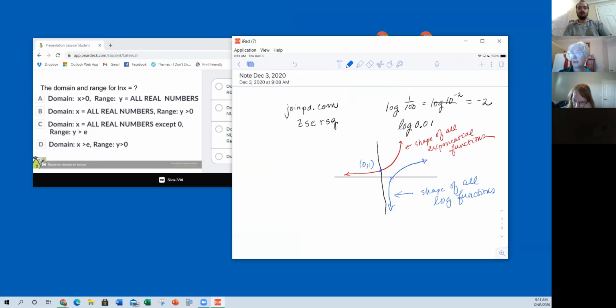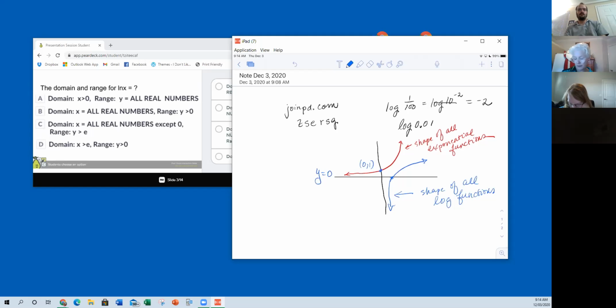Like if you have 2 to the x, 3 to the x, 4 to the x, 5 to the x, 6 to the x, a million to the x, 1/2 to the x, they always are going to pass through 0, 1. And the horizontal asymptote will always be y equals 0. So for the exponential function, the domain is all real numbers, and the range is the y values that are greater than 0. So for the logarithmic function, you switch the x and the y.